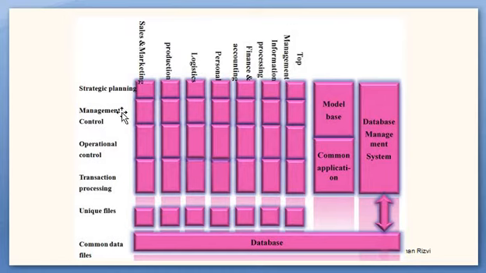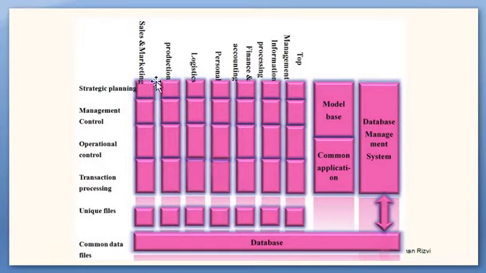On the left side we can see all the components. On the top we have all the departments that are there in an organization.